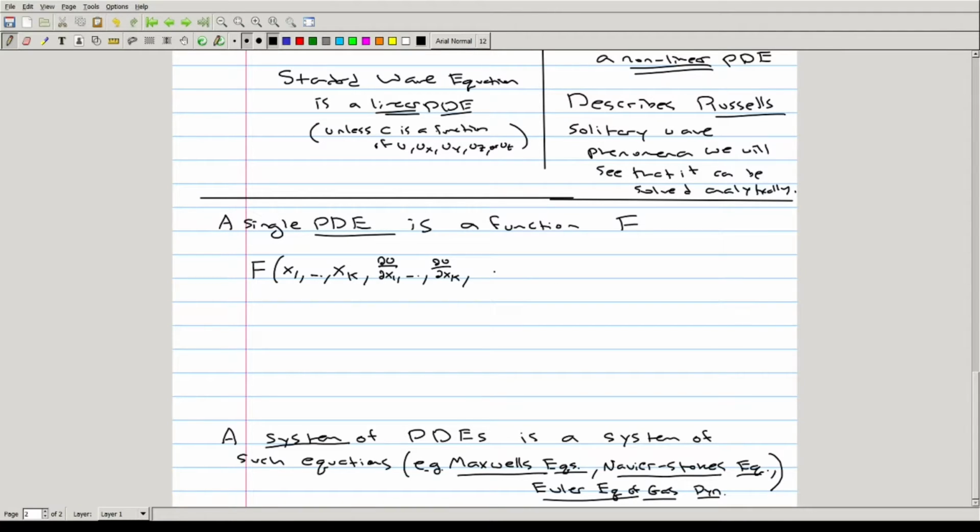Up to xk, it's a function of the second derivatives. And this is including the mixed partial derivatives, the second mixed partial derivatives, all the way up to and including the second derivative with respect to xk. So for the first derivatives, you have k total. For the second derivatives, you have k squared total, because of all of the second mixed partials.